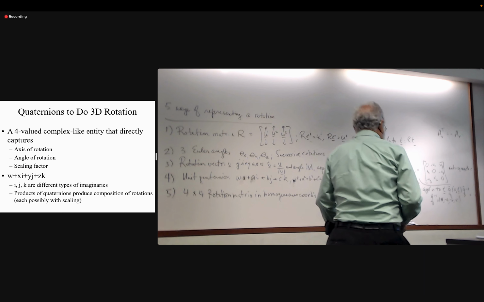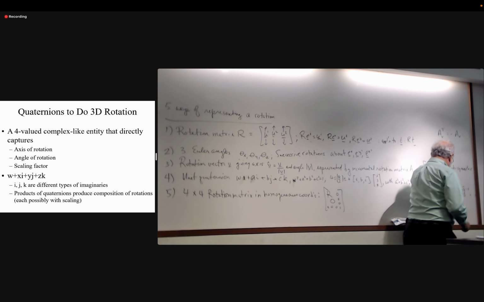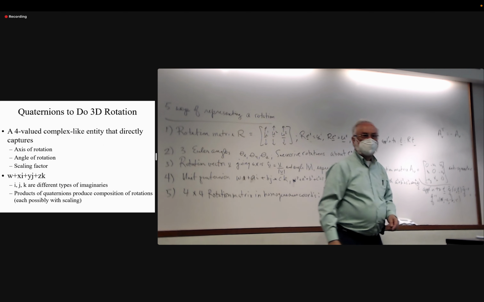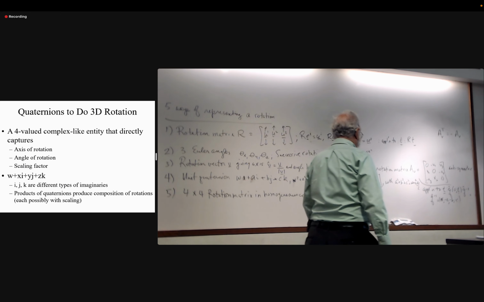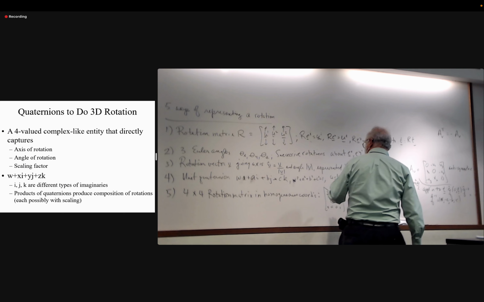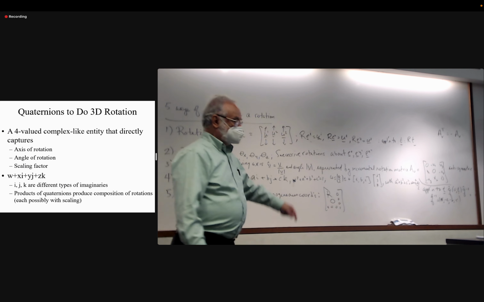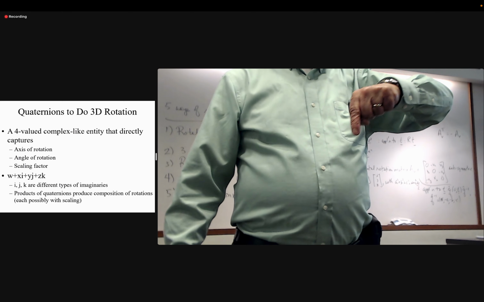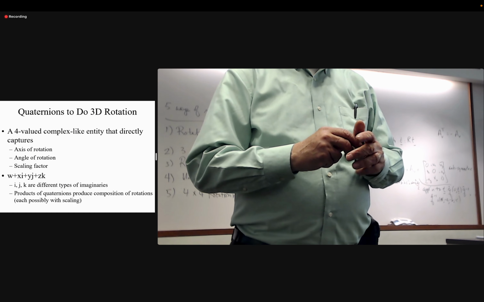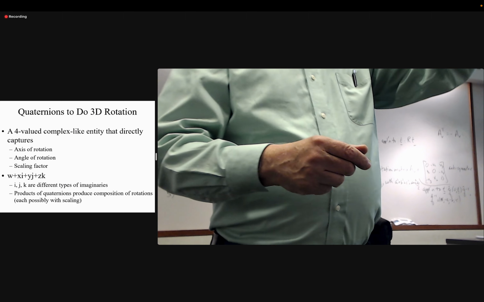And Q inverse turns out to be, and we'll see that in a moment, W minus A minus B and minus C. And that makes a lot of sense because the ABC together give you sine theta over 2, and sine of minus theta over 2 is minus sine theta over 2. And so if you have an axis, you keep the axis.